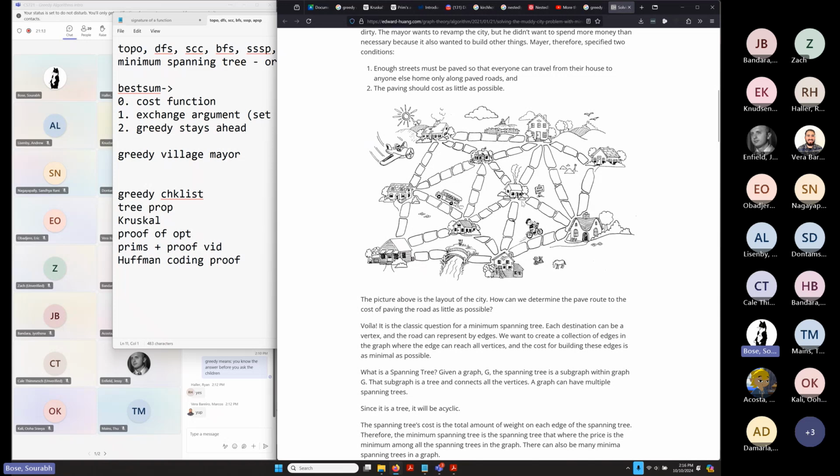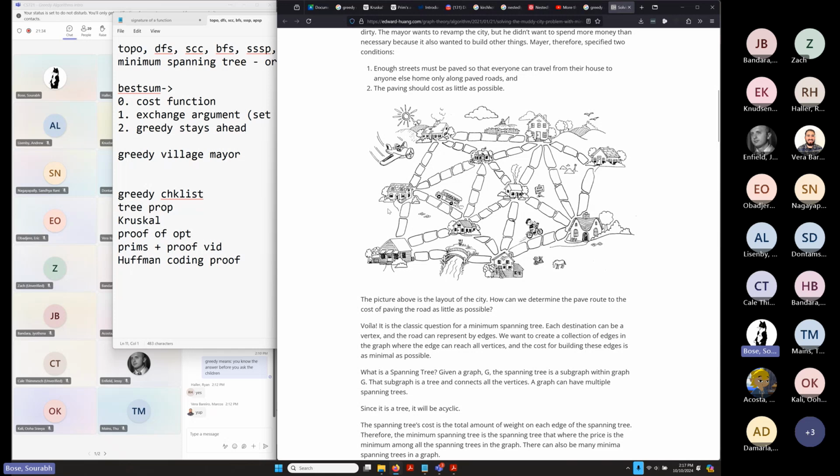The village has multiple houses and it has edges connecting those houses. Essentially, what you want to do is to pay some money to maintain each of these streets. Now, the point is that you would like to pay as little money as possible while having all of the houses connected to this overall graph.